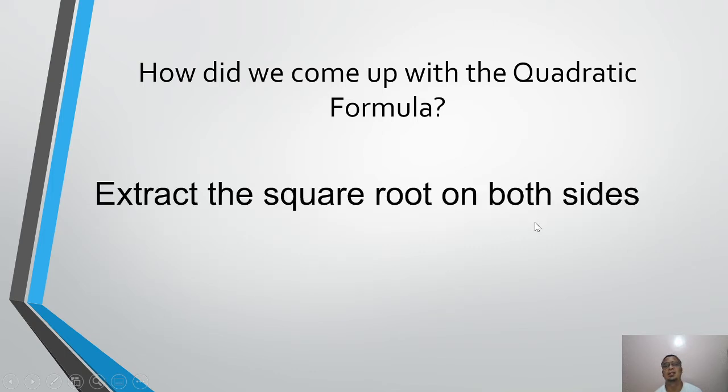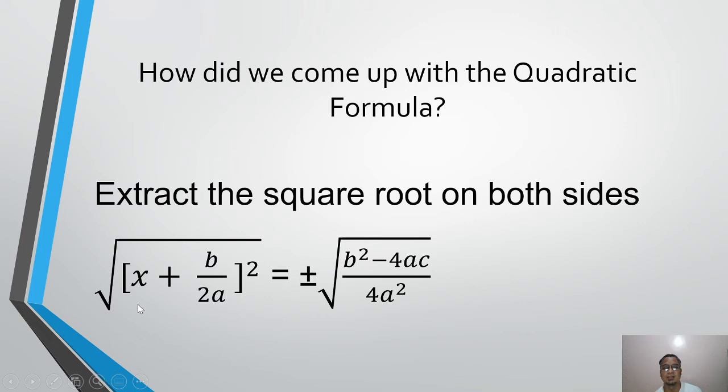Next, extract the square root on both sides. Ayan. So yung kanina, eto, lagyan mo lang ng radical para makancel ito at saka yung square. Sa kabila, eto na yung mangyayari. Yung 4a squared natin, dahil parehas, eto na siya. Pinagsama na natin sa itaas yung b squared minus 4ac.